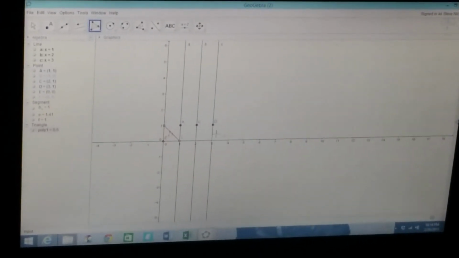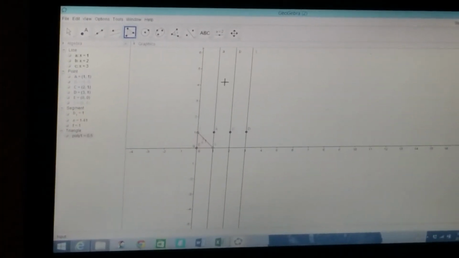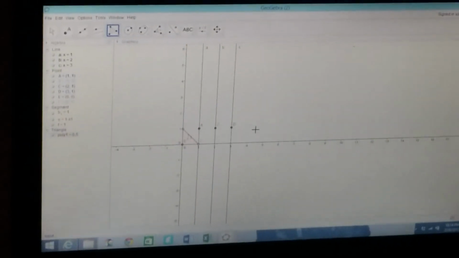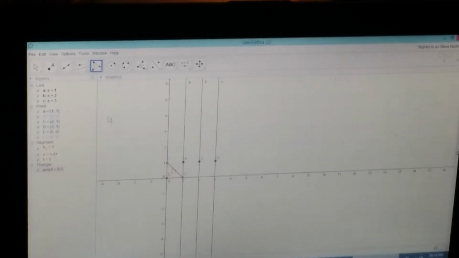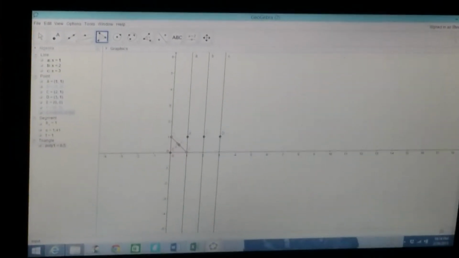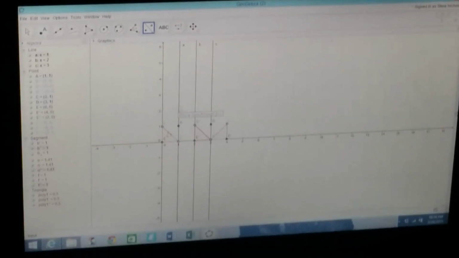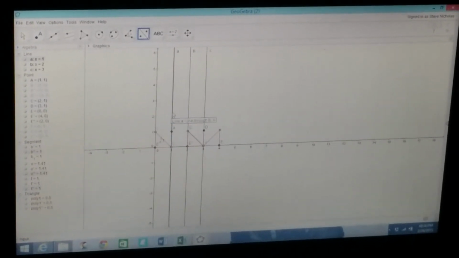So the next one we're going to look at is the same object with the same three lines of reflection, just a different view of it: reflecting about the second line, M, first, then reflecting about the third line, and then reflecting about the first line.